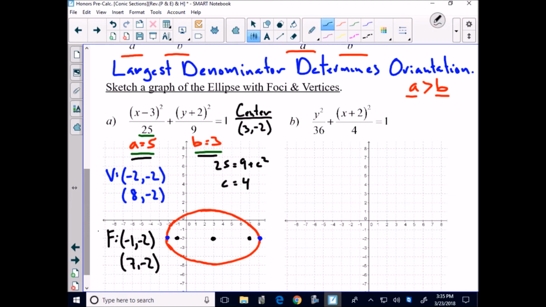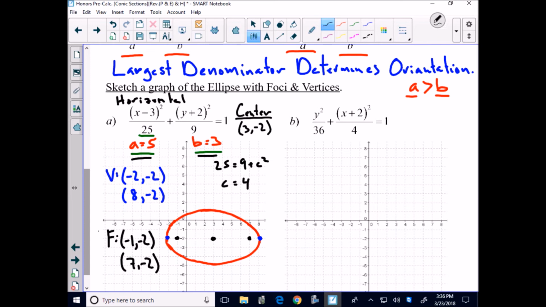And we can take the center from the constants that we're adding and subtracting from our x and y. We can say here that our center for our ellipse is going to be (3, negative 2), right? And we can go out a length of 5 horizontally, since we know this is a horizontally orientated ellipse, with a larger denominator under the x.